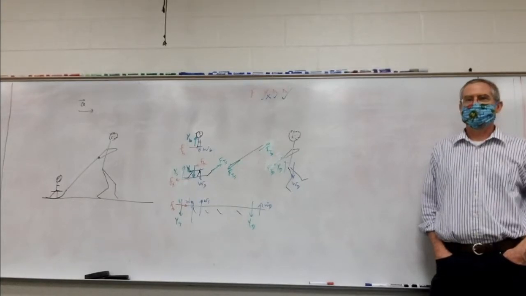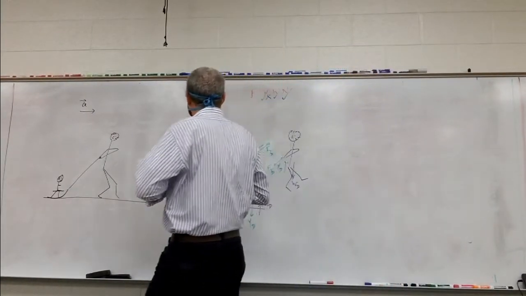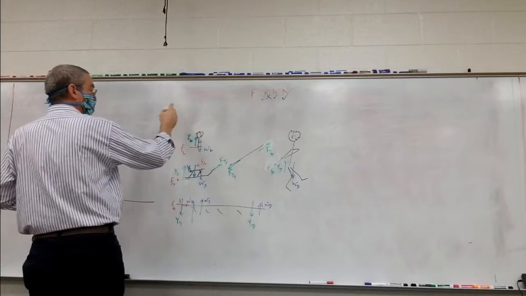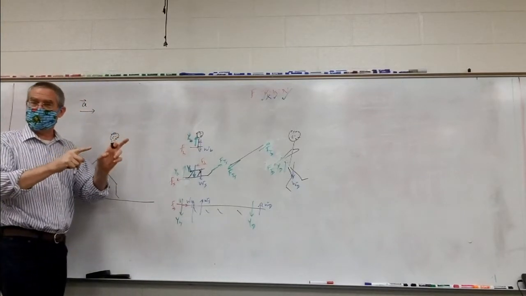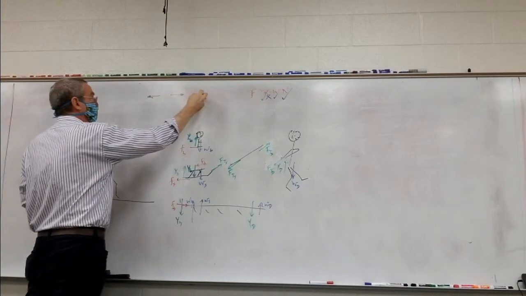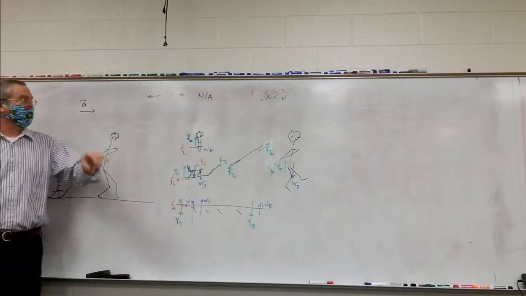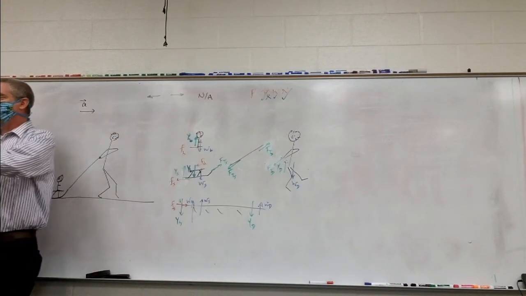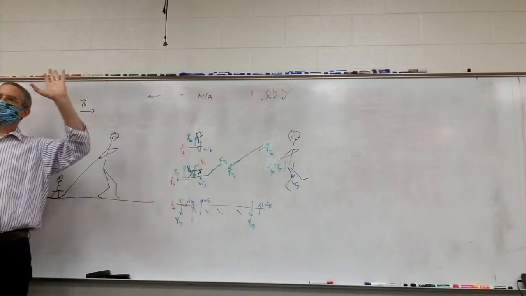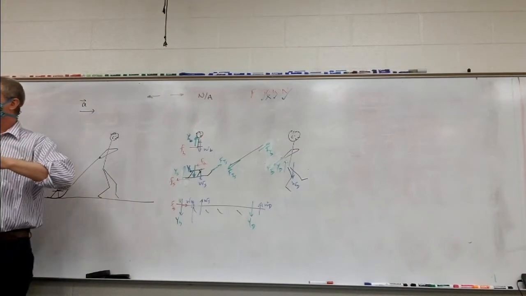I think that's 4. Let's see, physics by democracy. See how well that works. All right, so friction on Dad. This is the force that we're drawing on Dad, not on the ground, but on Dad. So we've got left, right, or there is no friction acting on Dad. Have an opinion, even if it's completely unfounded and you're going with your gut. Don't base it on what other people said.